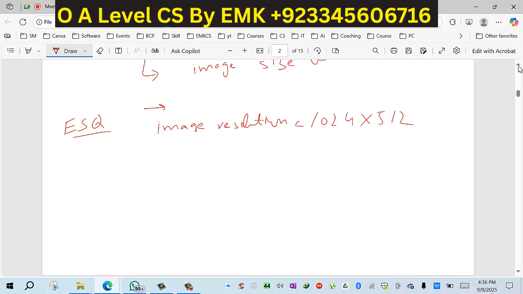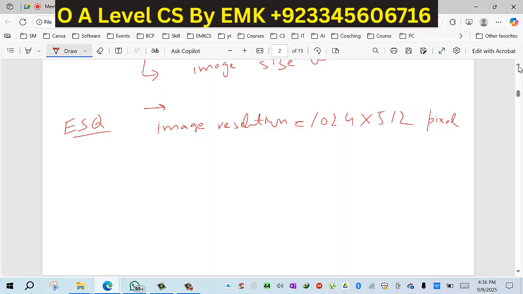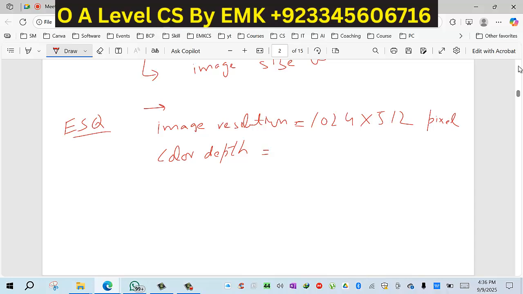So image resolution हमारे पास 1024 into 512 पिक्सल होगी. और कलर डेप्थ कितनी होगी? कलर डेप्थ अगर क्वेश्चन के अंदर गौर करें, कलर डेप्थ is 8 bits per pixel. So I will write 8 bit.